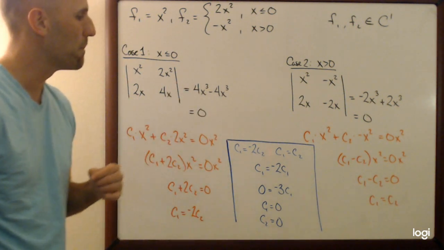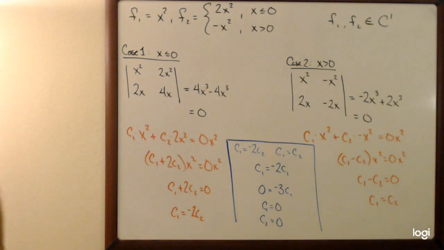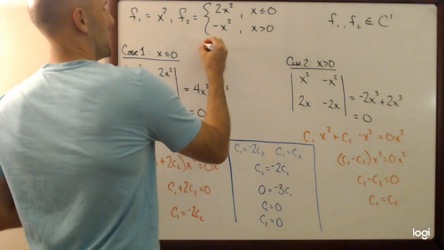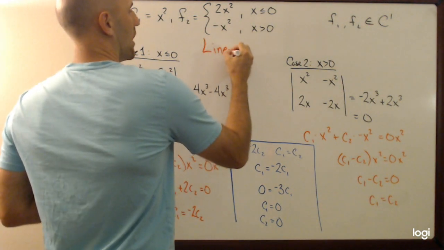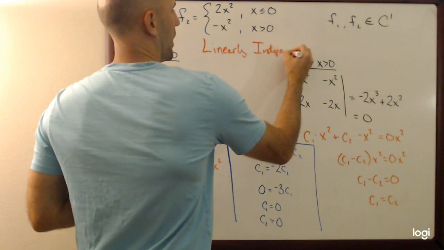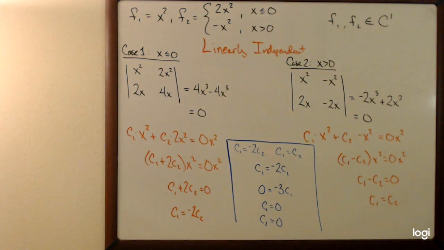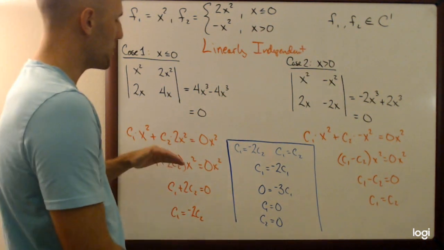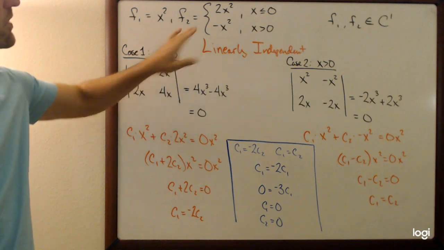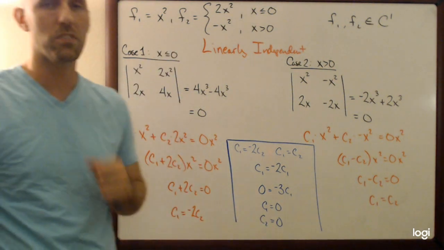That's fantastic, right? So this is an example of, go ahead and write it up here, linear independence. This is linearly independent, again by the original basic definition of independence, namely that in order for this to be true, C1 times F1 plus C2 times F2, both C1 and C2 must be 0.